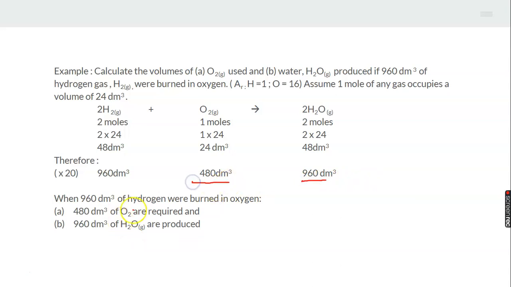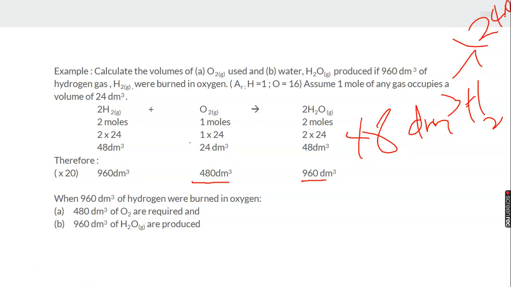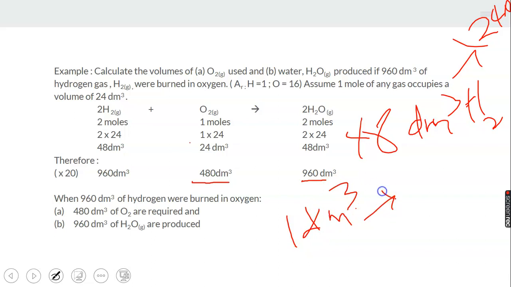And if you don't want to follow this formula, you can follow the formula I use, not quite long, like a cross multiplication kind of formula. Since 48 dm cube of hydrogen gas gives you 24 of oxygen, definitely 1 dm cube will give you 24 divided by 48.